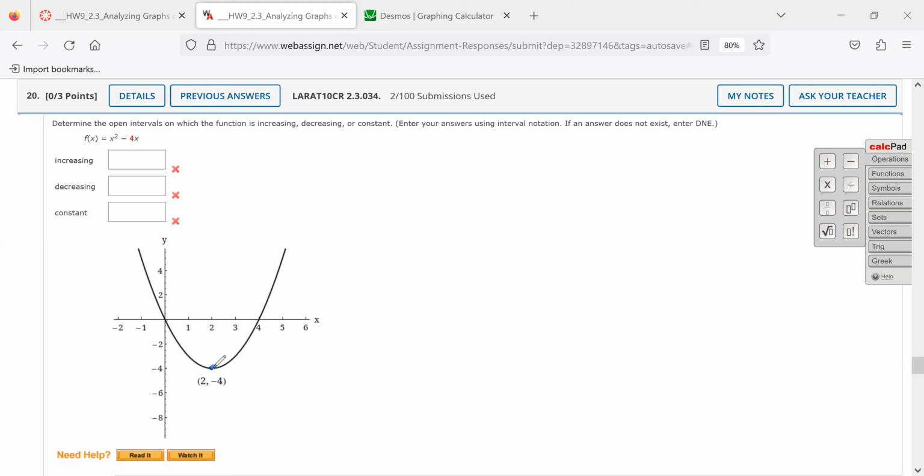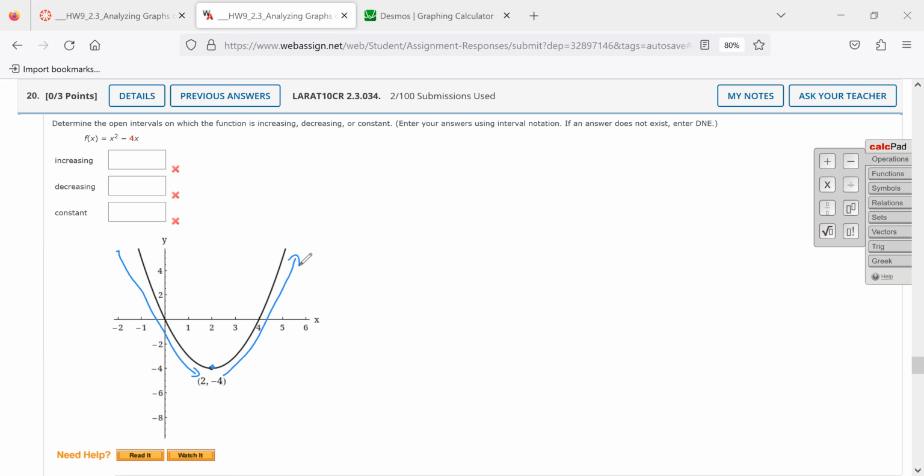So we'll just think of it in terms of, what's the word? It's more of a critical point or a minimum, either the same thing. So before 2, we're coming down, right? After 2, we begin to increase. So how would you write increasing?